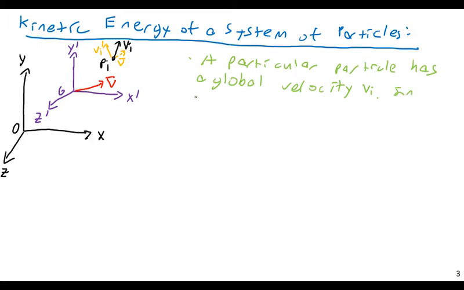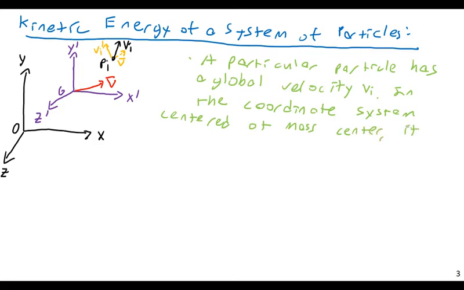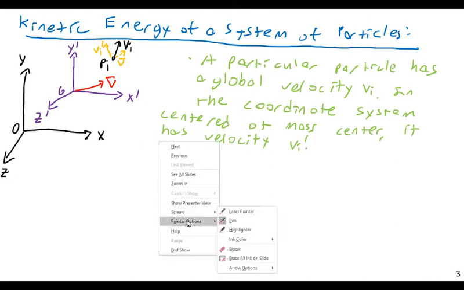In the coordinate system centered at the mass center, it has a velocity vi prime.